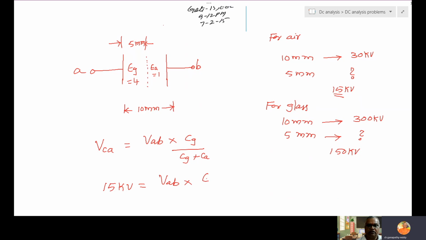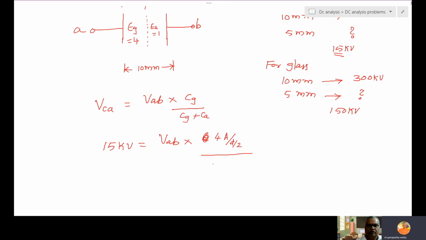CG is epsilon naught epsilon r, that is 4, A anyway common, distance is d by 2, divided by 4A by d by 2 plus A by d by 2.